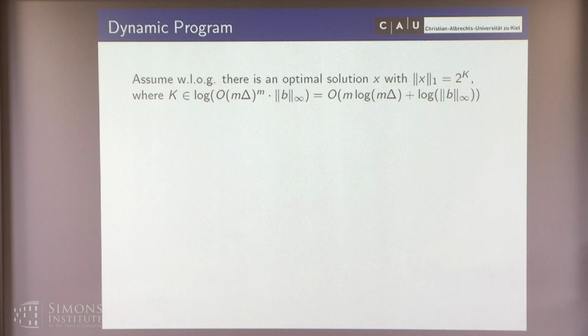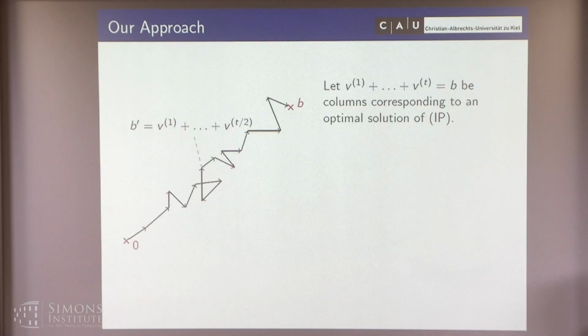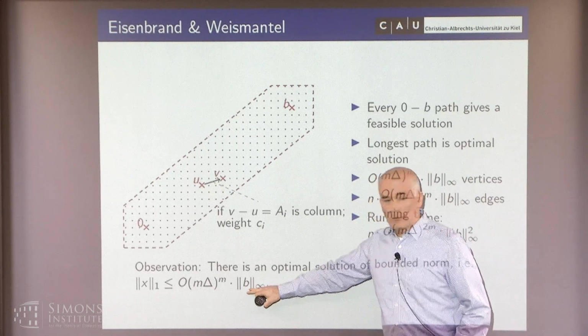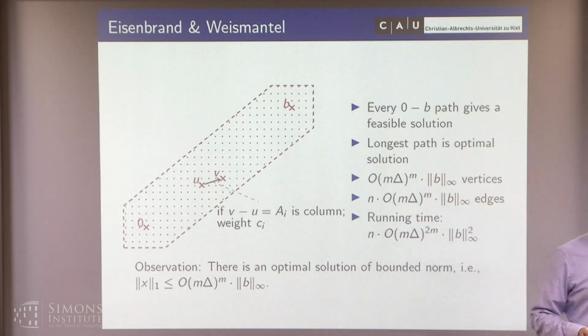So how does it work? Finally, we use a dynamic program to solve the problem. Because of the bound with the optimum solution, let me see that again. We had the bound here for the one norm of our optimum solution.